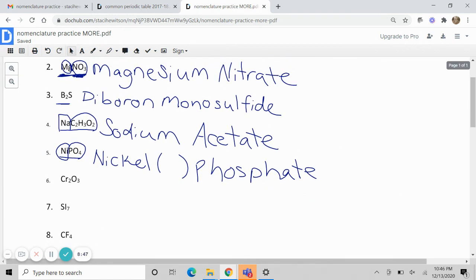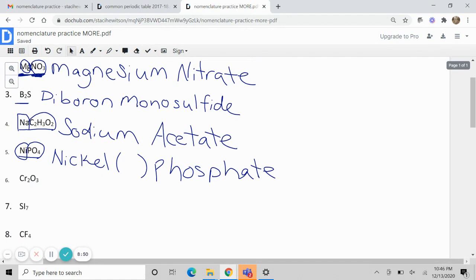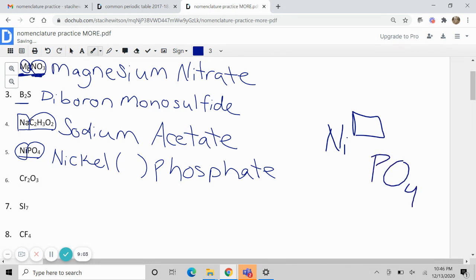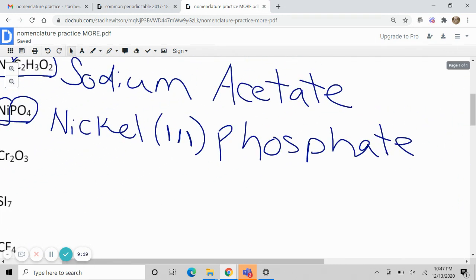In this compound, we have 1 nickel, whose charge we don't know, and we have 1 phosphate, 1 PO4, whose charge we do know is a -3. If phosphate was a -3 and there's only 1 nickel, then nickel must be a +3. So it's got to be nickel(III) phosphate.